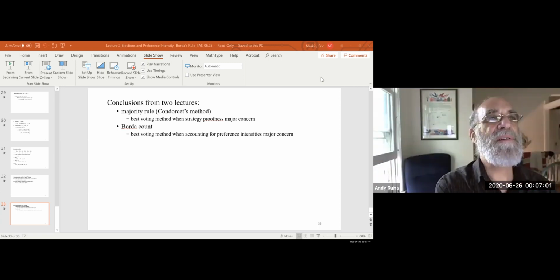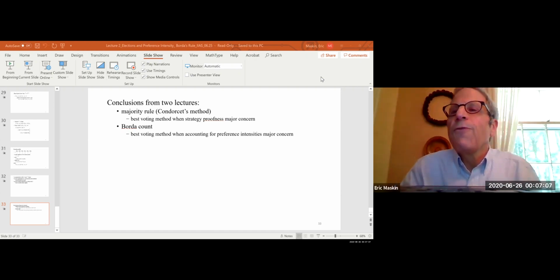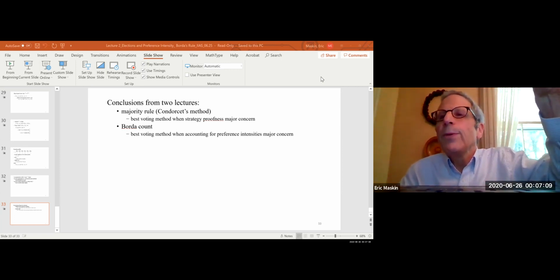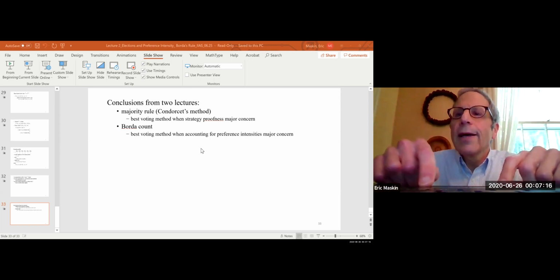In the very first example I gave of Borda, where there were 45% of the people who had a certain ranking, actually it's probably easiest if I go back to that.